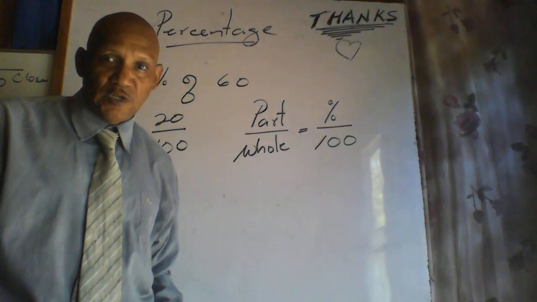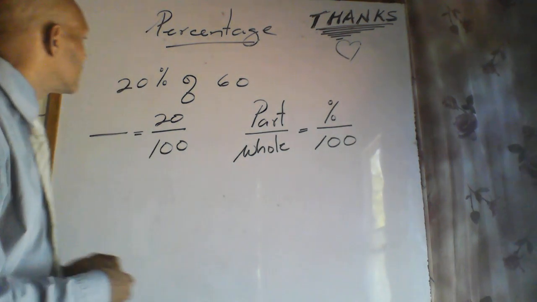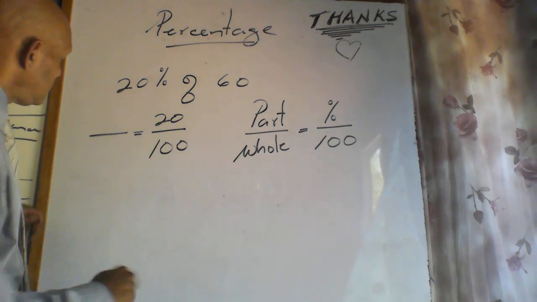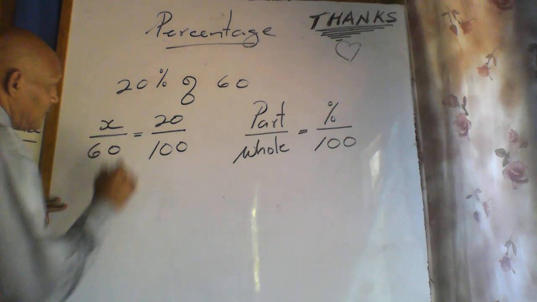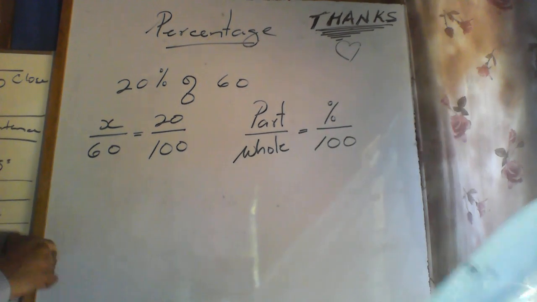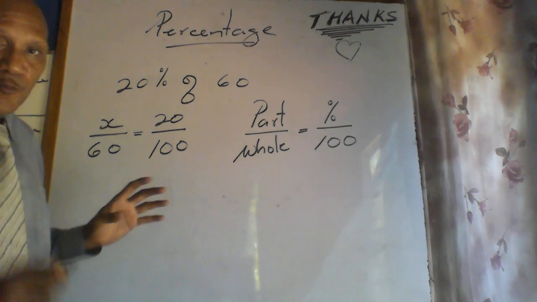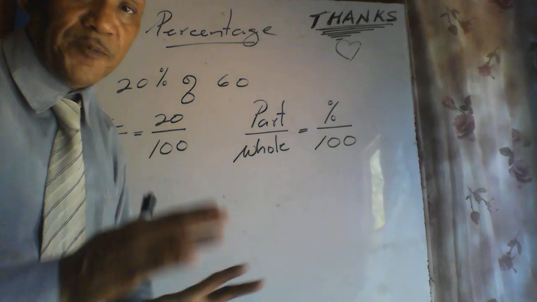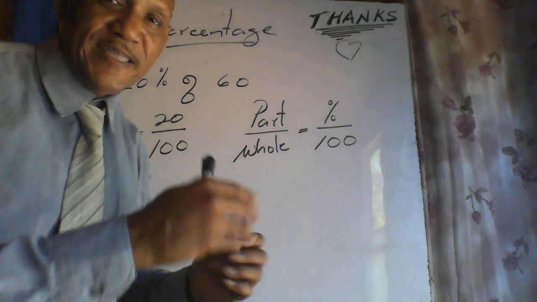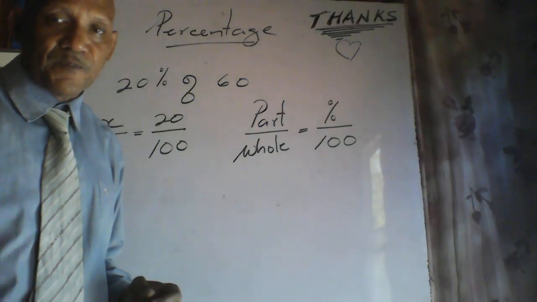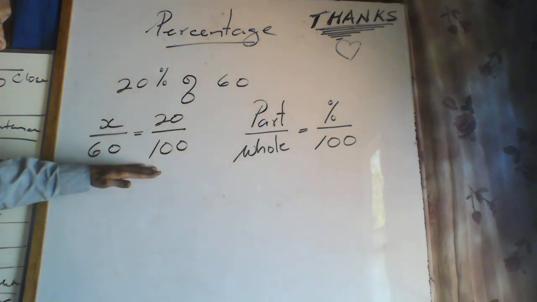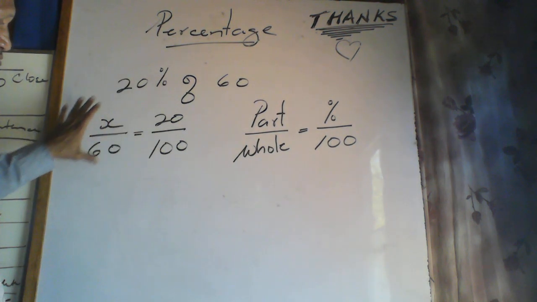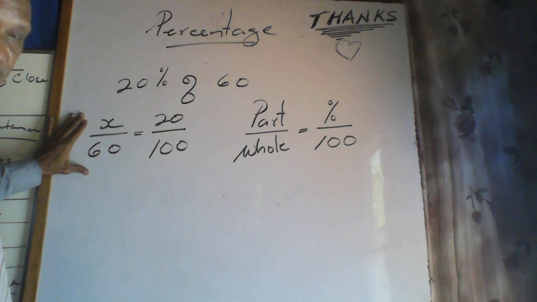So I trust the rule. So 60 goes here, and I'm trying to find the part. Whatever part of the proportional setup I do not have, I create the variable for that place. This is how you set it up. I will get this right closing my eyes.